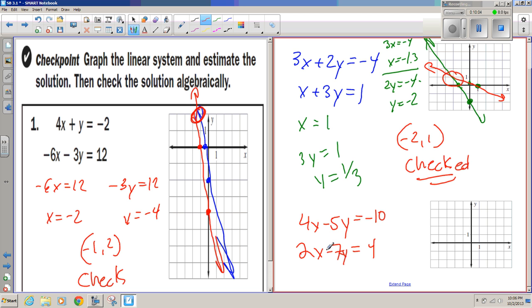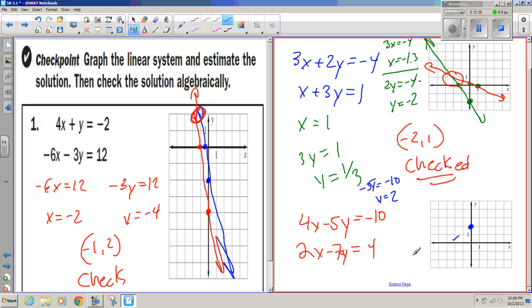You could put it in mx plus b form, or you could just say that negative 5y equals negative 10, so y is 2. So we just graphed y equals 2.